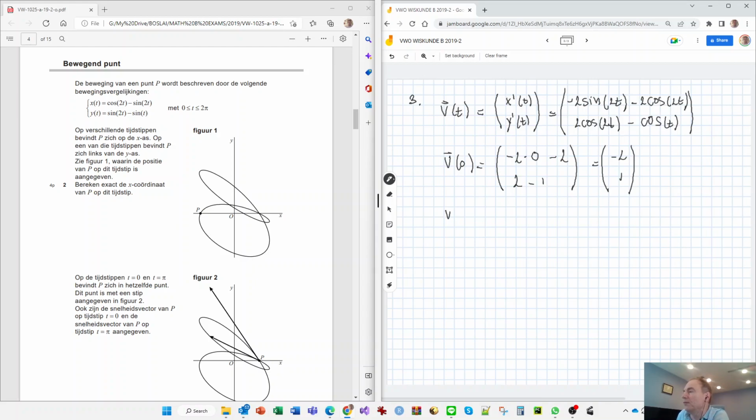Well, what is it at pi? The sine of 2 pi is also 0, and this becomes the cosine of 4 pi, which is 1, so I get minus 2 here.